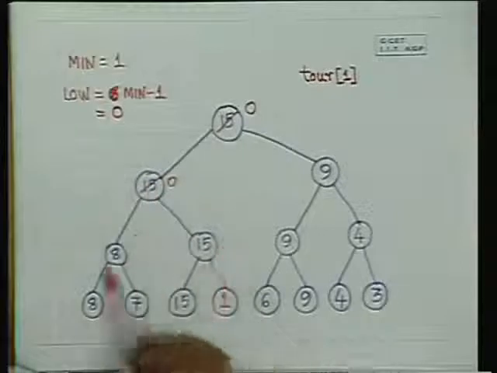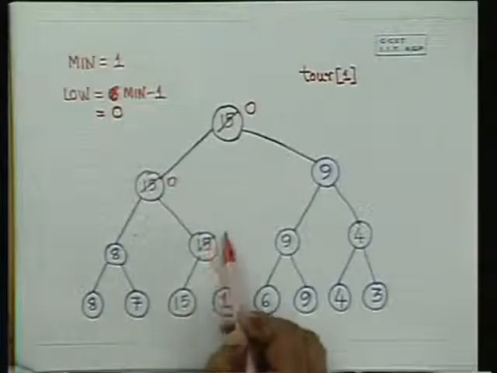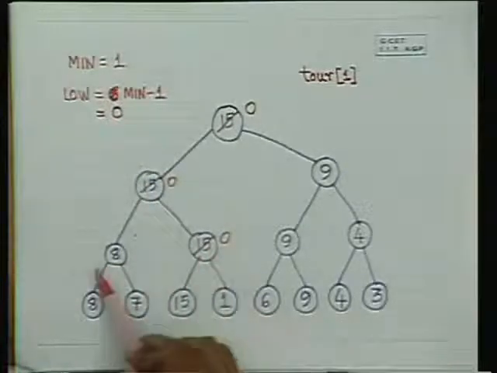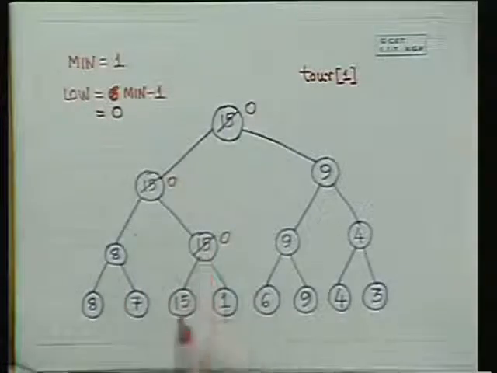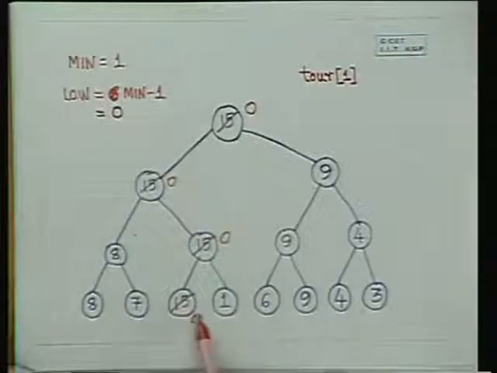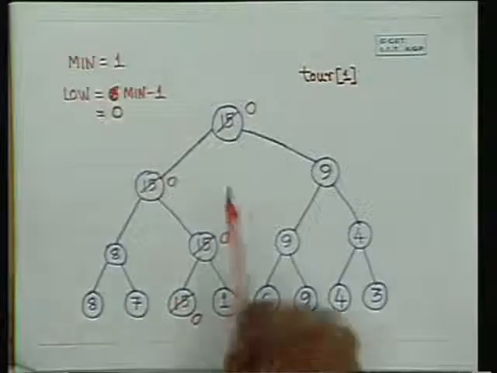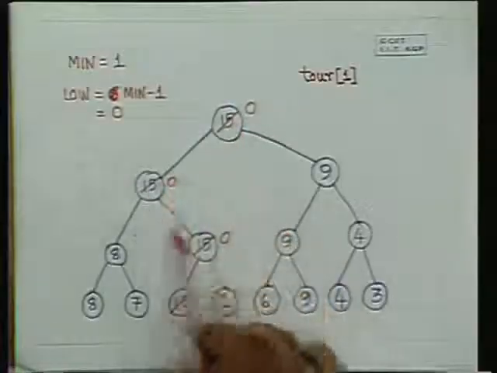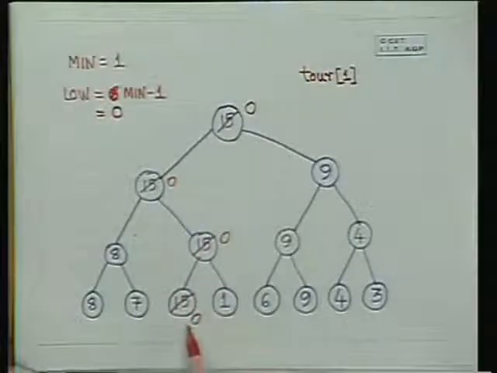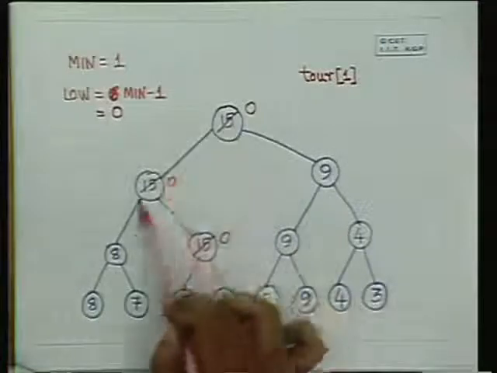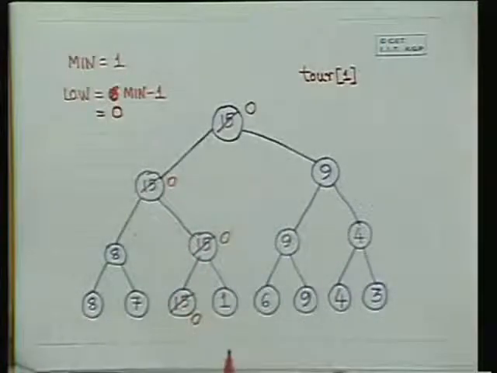Again we double this up, the larger of the two we assign to low. Again we double this up, the larger of the two we assign to low. So what we have done is, we have gone down, we have not found the second maximum, we have just gone down like this and come up to here, and when we came here, we assigned all the numbers which were the largest element to 0.